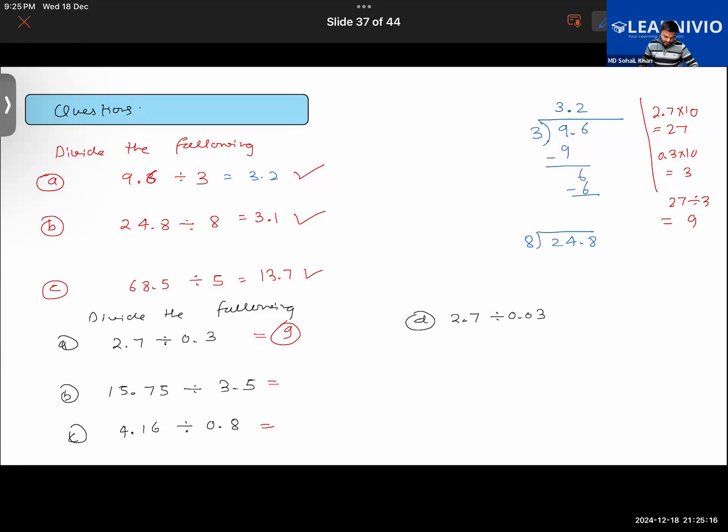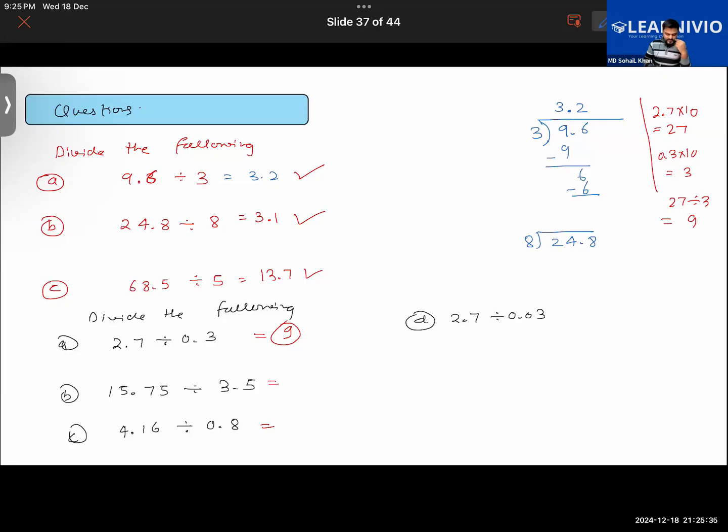That is 52. Good. Now solve the last question. Which? This one? Mhm. 27.